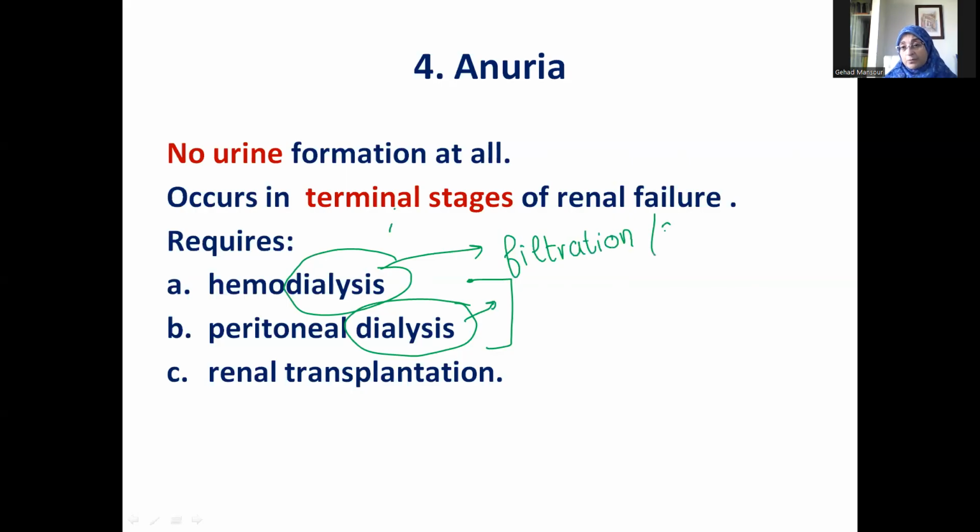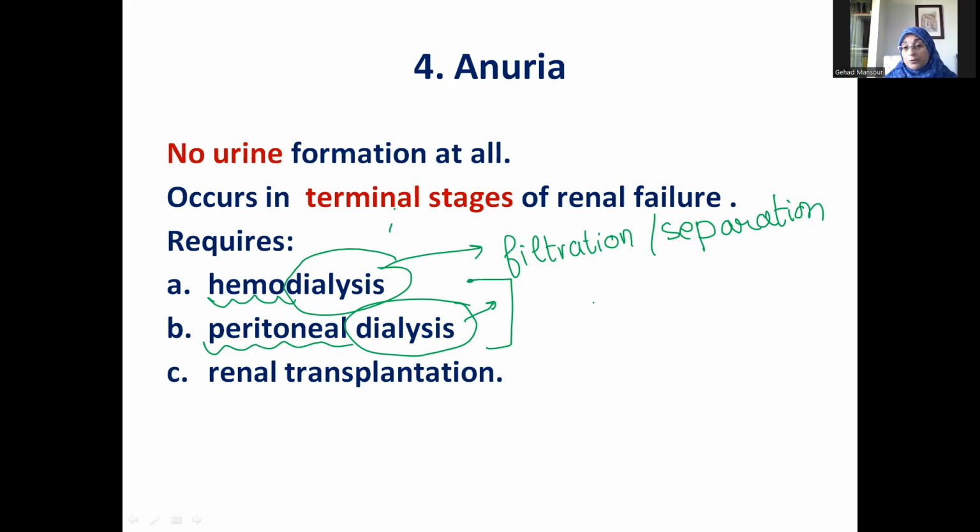This is the closest meaning to dialysis. You can take the whole blood outside the body of the patient, as we will see on the next slide, or you can do this filtration via the peritoneum. We will be discussing both hemodialysis and peritoneal dialysis on the following slides.